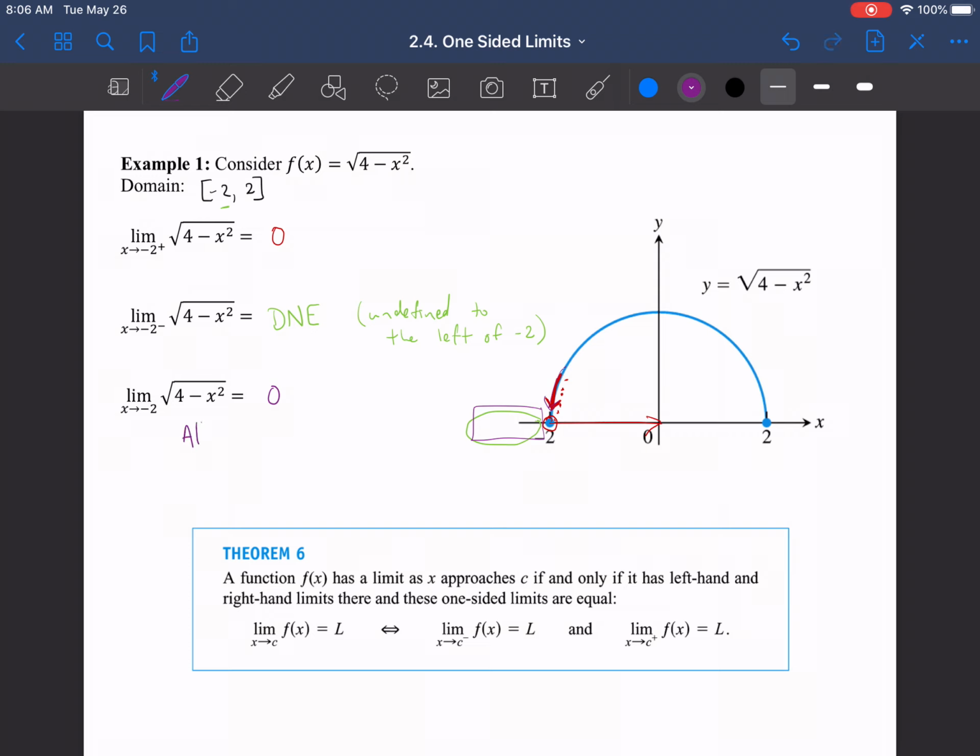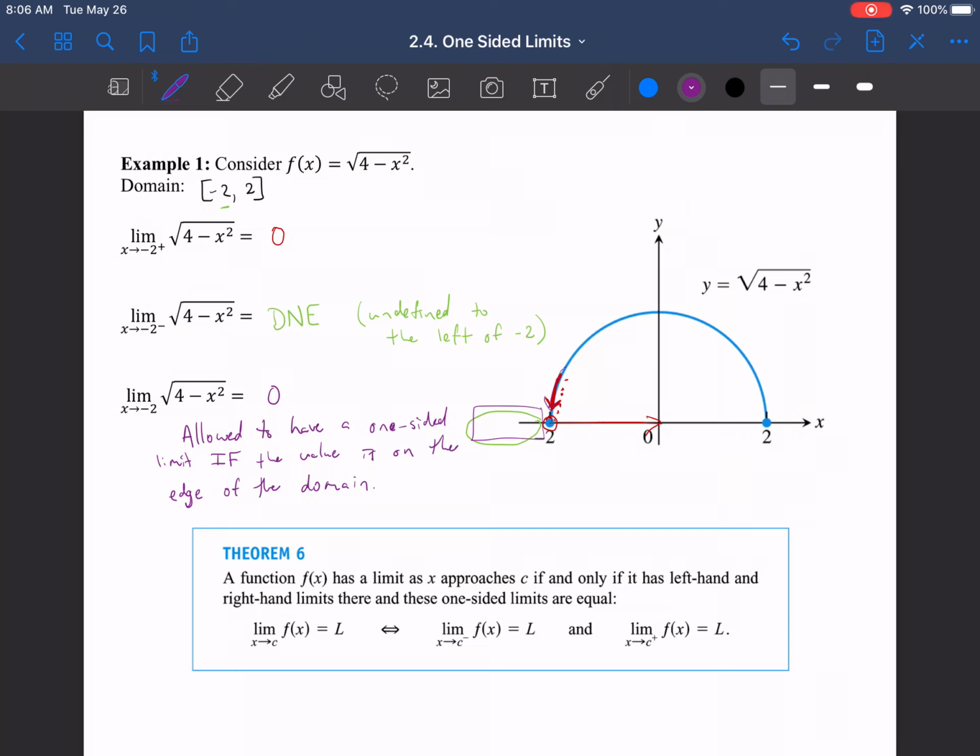So basically, we are allowed to have a one-sided limit if, big if, the value is on the edge of the domain.